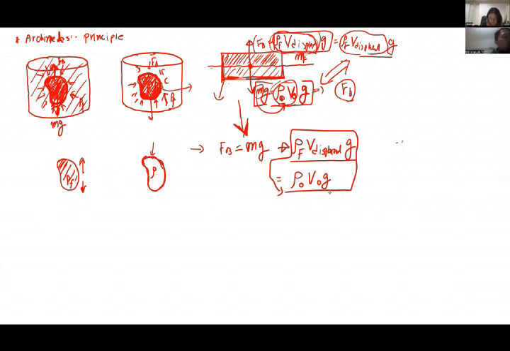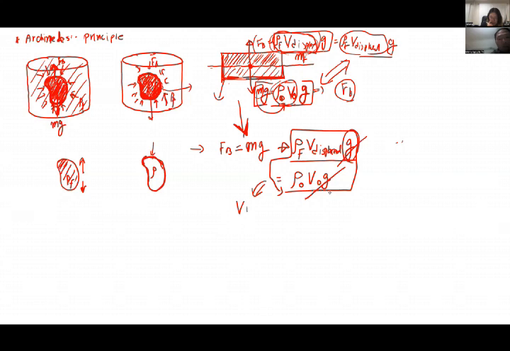So now you have the same g on both sides. That provides the ratio between the displaced volume and the total volume of the object, and the density ratio.